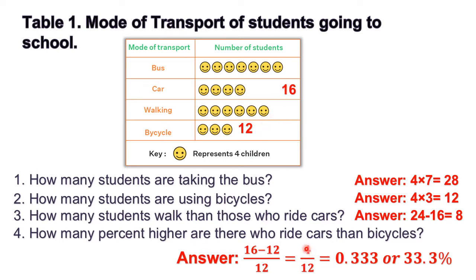So there are 4 more students using cars than using bicycles. And compare it to the bicycles, so we have the 12. So we have 4 over 12, which is 0.333, or we can convert it into percent, moving 2 decimal places to the right, 33.3%. Okay, very good.